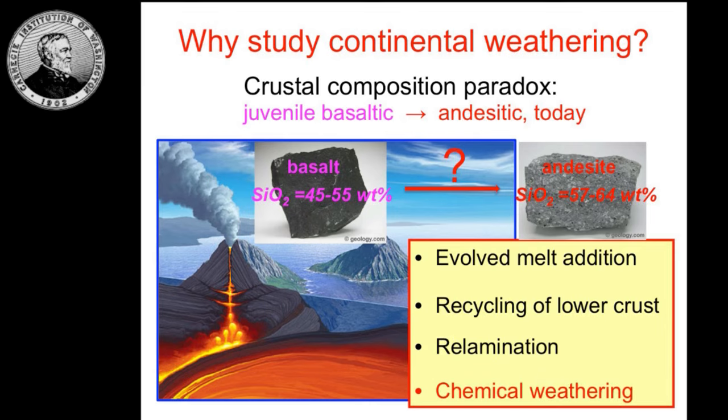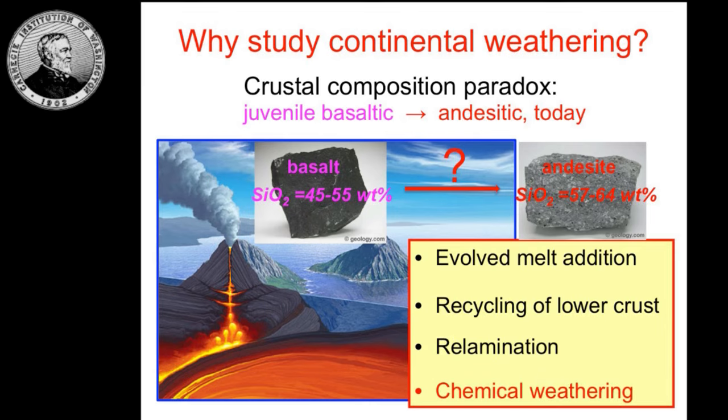Also, there is an idea of recycling of the lower ultramafic and mafic crust, because the lower crust is more mafic in composition. So by detaching from the continents, we get the bulk crust to be more andesitic. And also there's a new idea of relamination followed by subduction of more felsic crust onto the continents. So we could have more felsic crust that way.